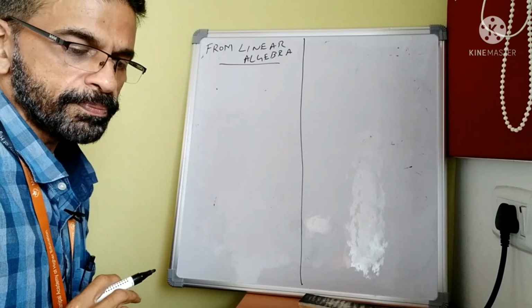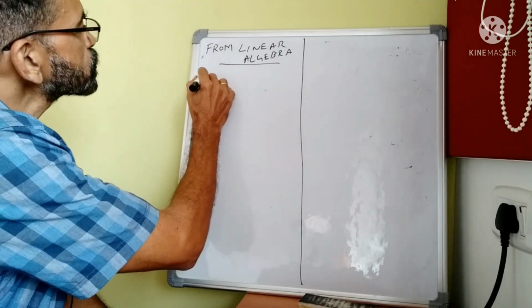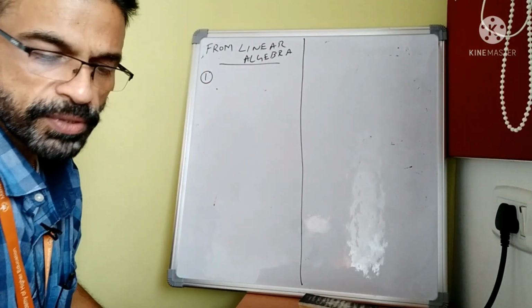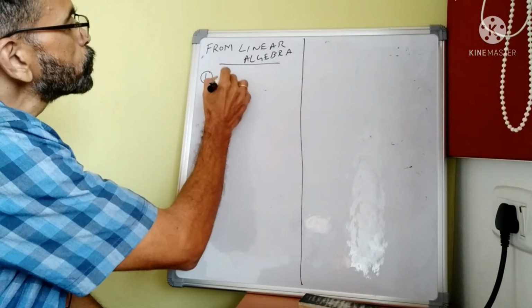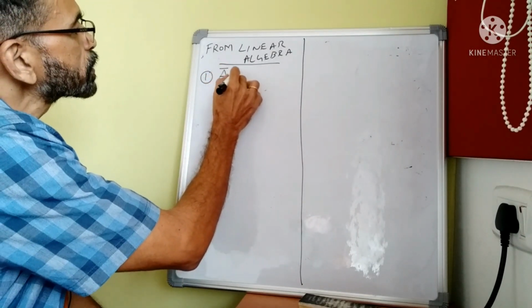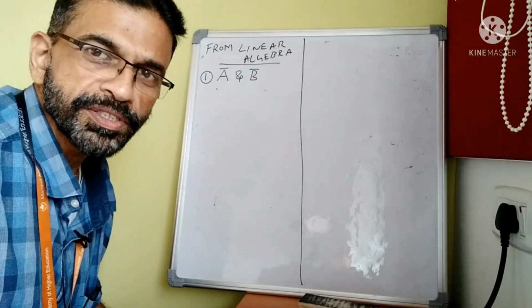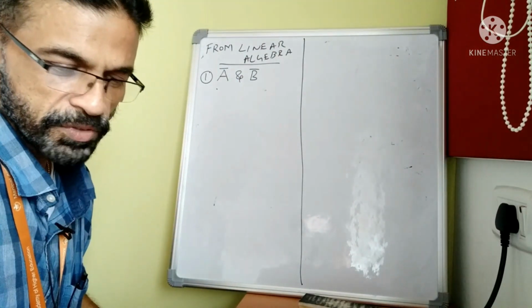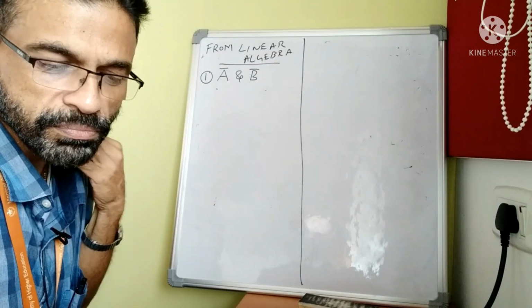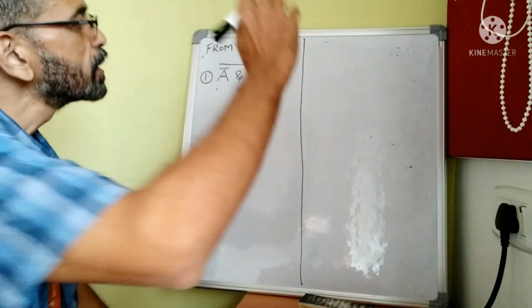So to begin with, the first step here is, let's say we have two vectors A and B. Remember, this is from conventional linear algebra or vector algebra, which we are probably more familiar with.